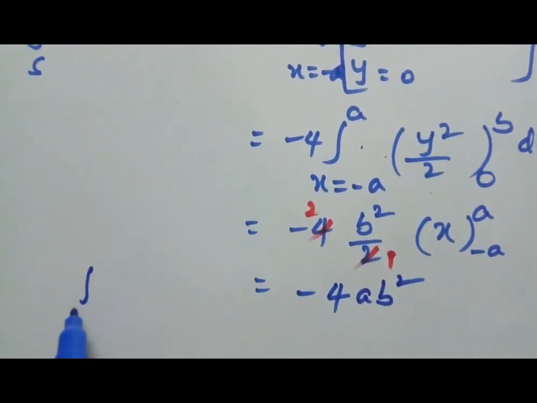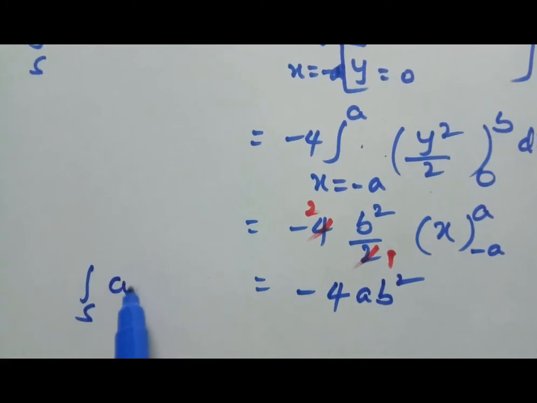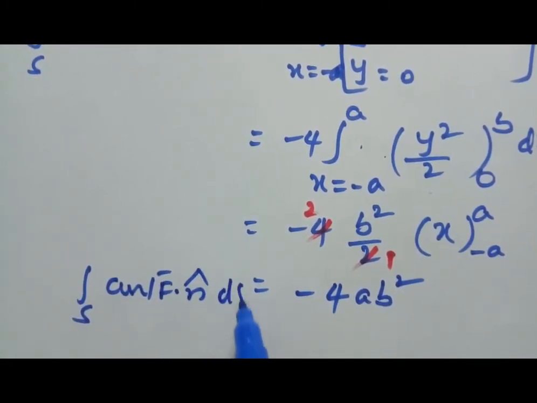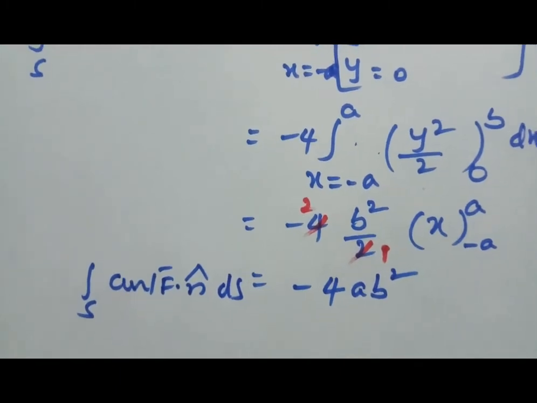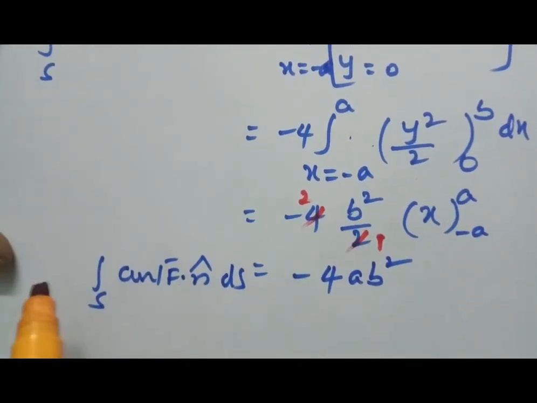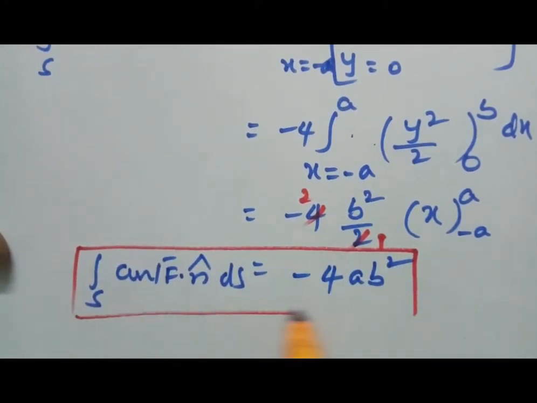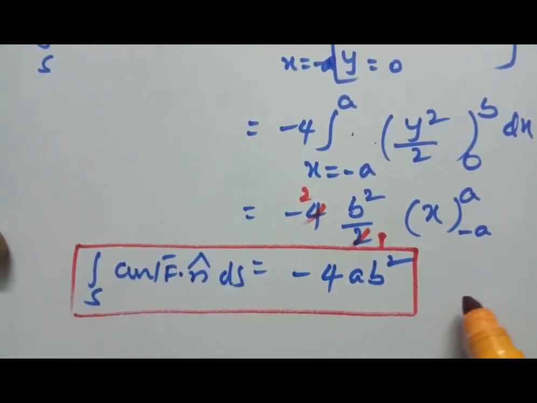This is the integral over S of curl F bar dot n cap ds. This is equal to minus 4ab square. Say this is equation number 7.